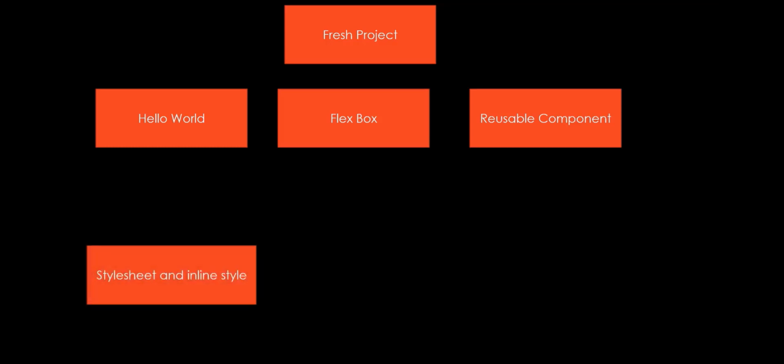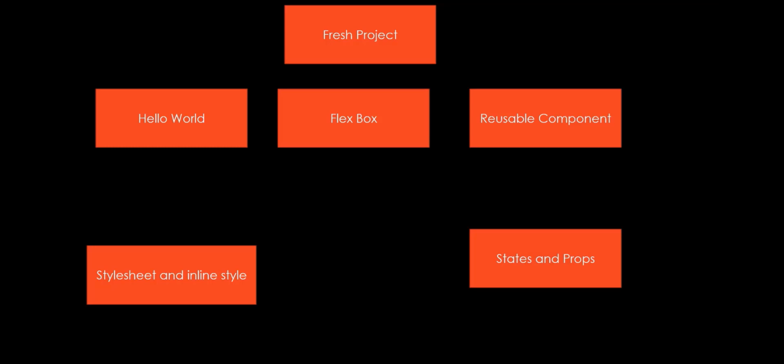We will also discuss stylesheet and inline style, how we can implement them in our program, and what the basic difference between them is. Then after that we will see state and props. We will implement them in our program and see all of these things practically. So let's move.